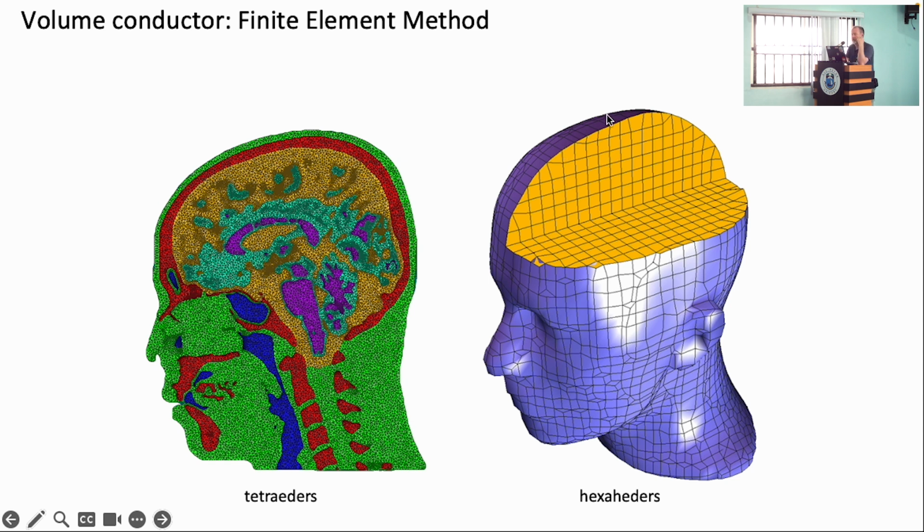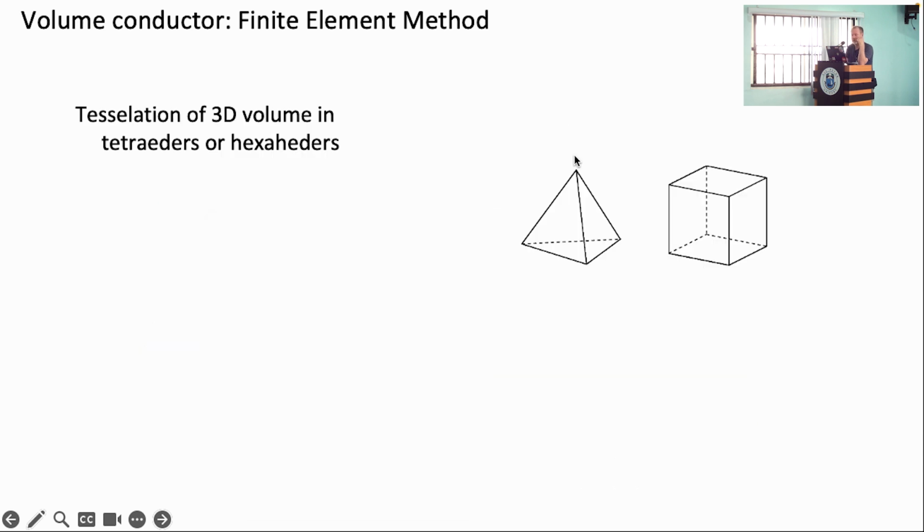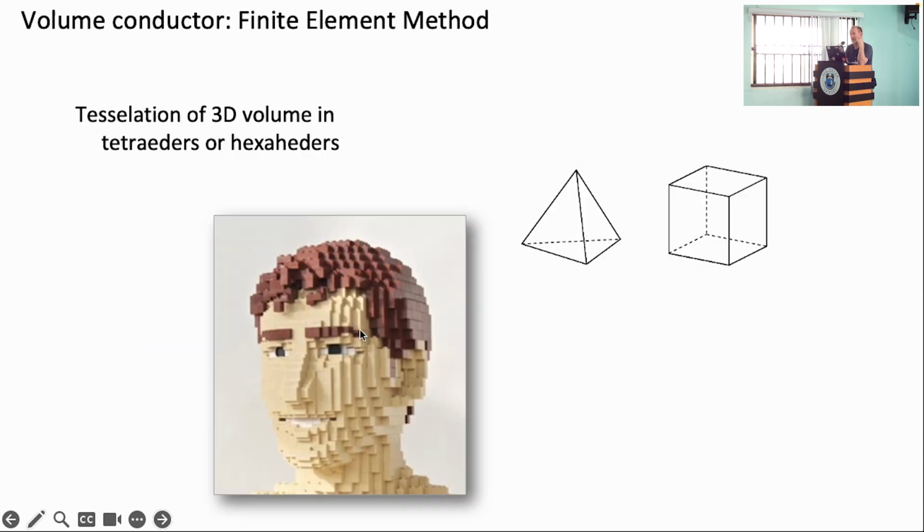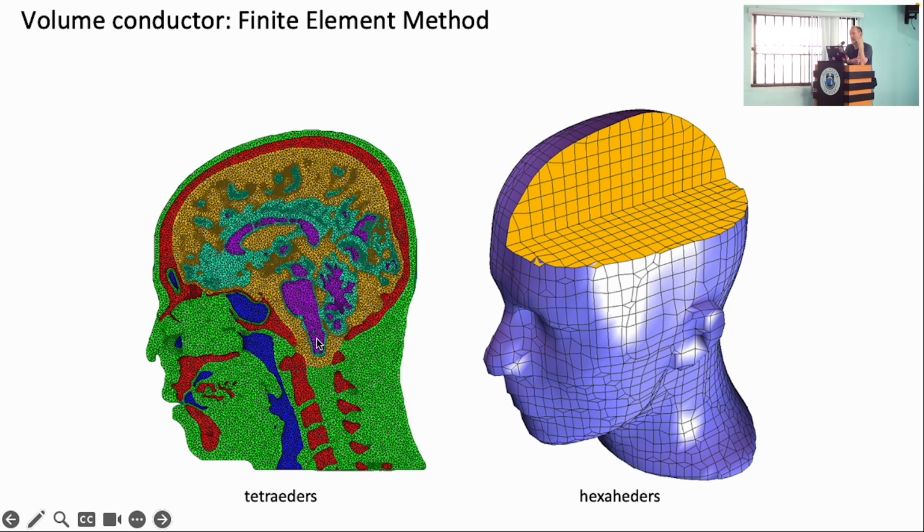So with hexaheders, a lot of the models actually don't model the curvature, but they basically result in a more brick-like appearance, as you see here. But there are also FEM methods for shape-adjusted hexaheders, where you can also model smooth surfaces. Tetrahedral models are in general the most accurate because of the better approximation of the poorly conductive tissues such as the skull.